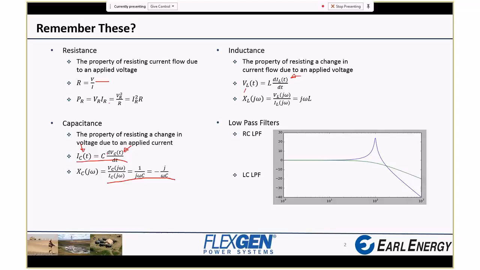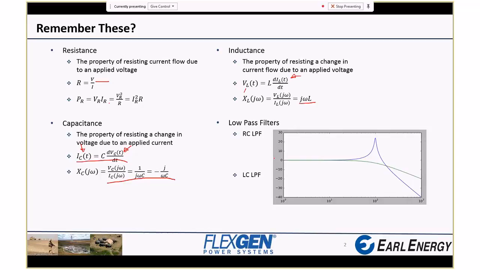C and L are the capacitance and inductance of the component, respectively, which gives a magnitude of how much of a change you get when applying voltage or current. The reactance of the inductor, again, is a complex number. Just note, again, it's an analog: j omega L versus 1 over j omega C. They're just reciprocals of each other.